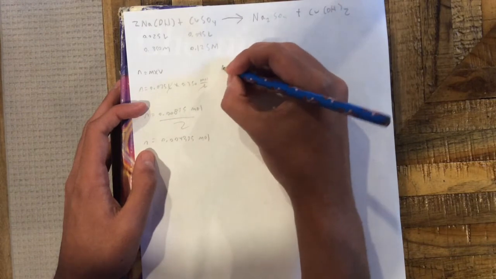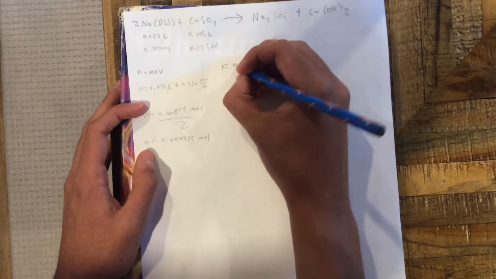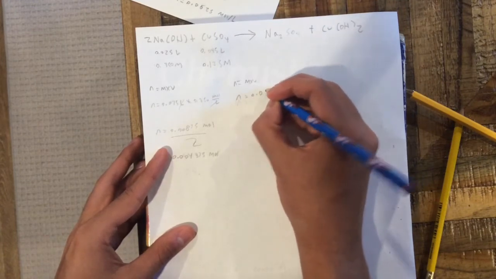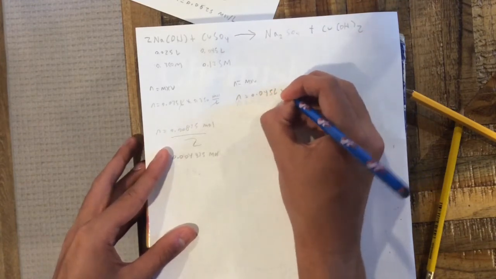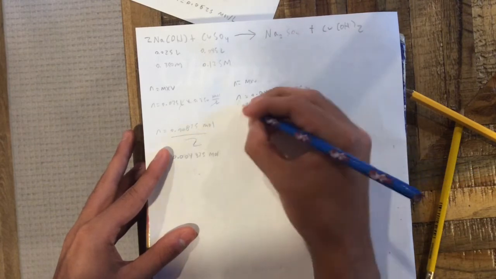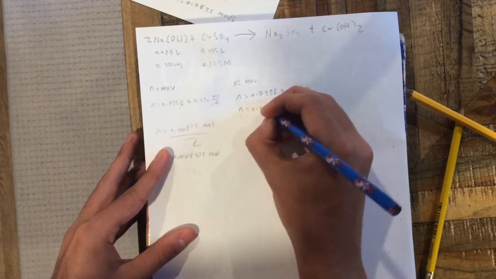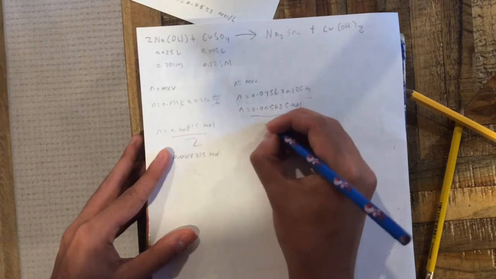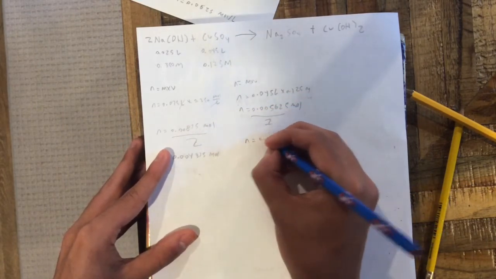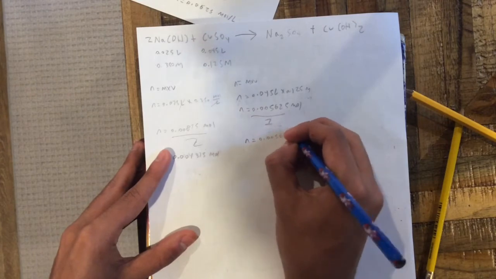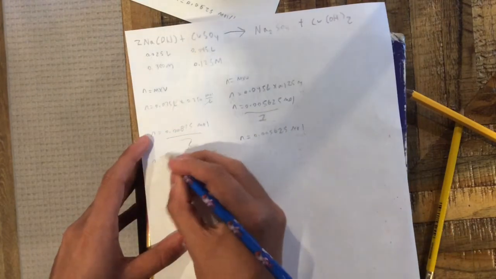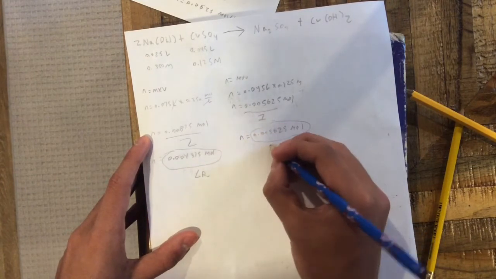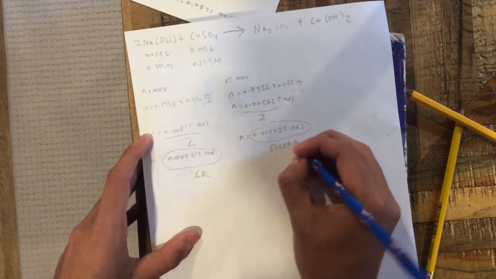Now we use the same equation for copper sulfate, n equals M times V, so n is equal to 0.045 liters times the molarity 0.125, so n equals 0.005625 mole. You divide that by 1 as it's the coefficient, n is equal to 0.005625 mole. As this one is smaller, it's the limiting reactant. As this one is larger, it is the excess.